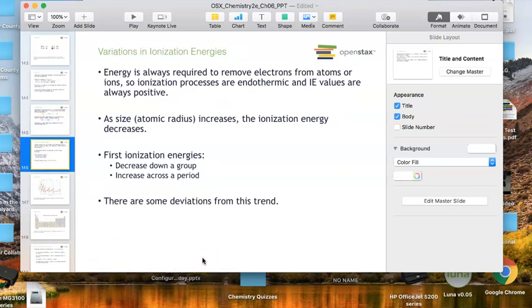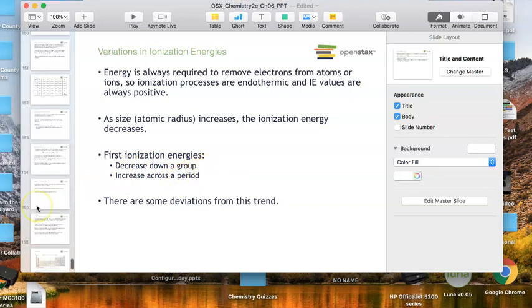Because we know that size affects ionization energy, as the size increases, ionization energy decreases. It's easier to remove electrons from atoms that are large. So for first ionization energies, the trend is they decrease down a group. Does that make sense?